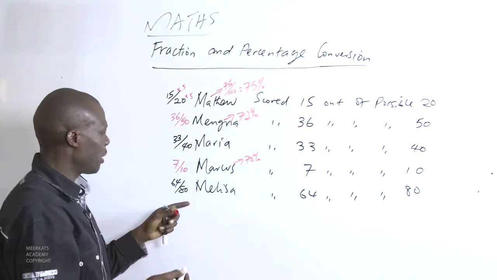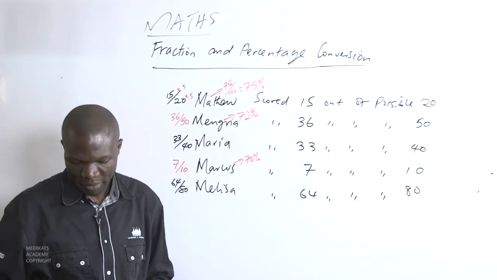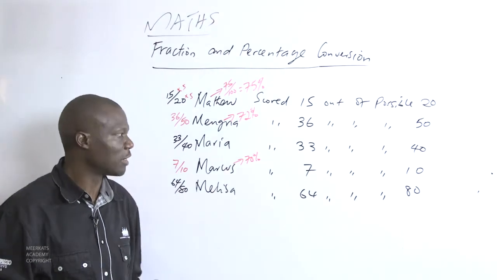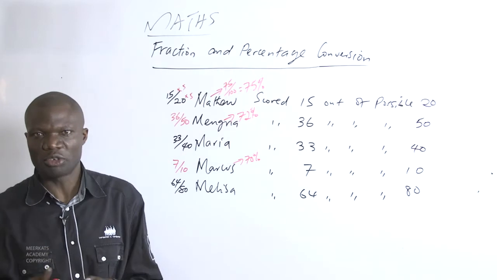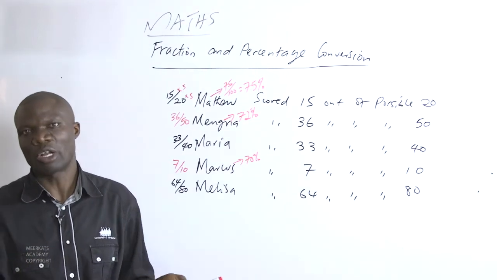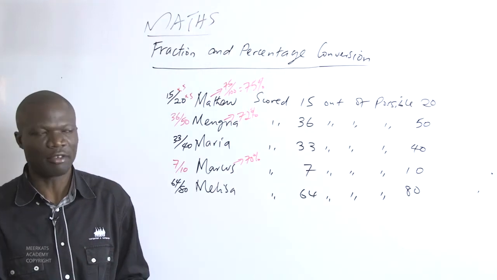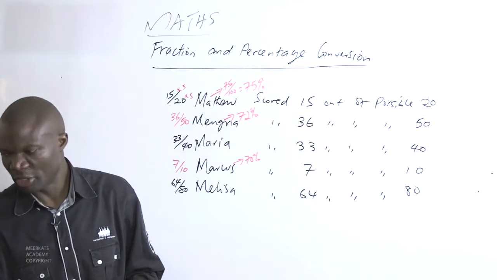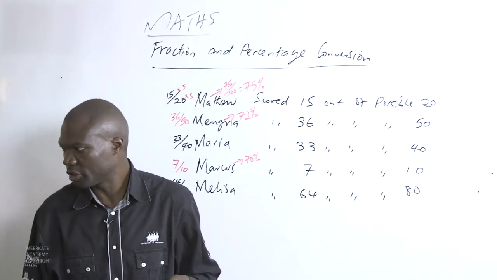Now, for Maria and Melissa, this requires a bit of attention, just the way we shall look at it in a few minutes. You realize that this may require you to do quite a lot of division, or alternatively, you only need to pick a calculator and punch in, and after that you have your answer, because it is a division that we require while we are doing this.